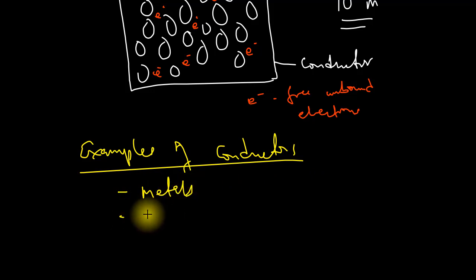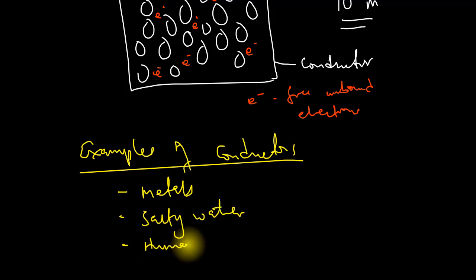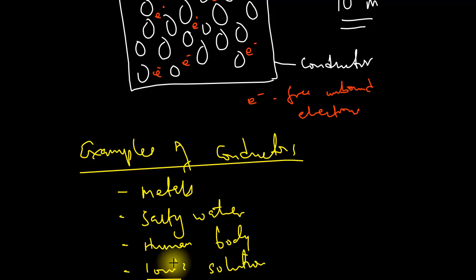We also have some materials like salty water, and believe it or not, the human body is also a conductor, and also ionic chemical solutions conduct electricity, because ionic means the presence of ions, positive and negative ions. Those ions make the solution a conductor.